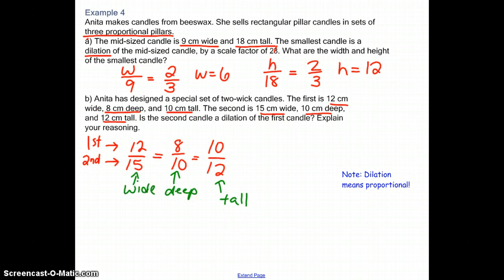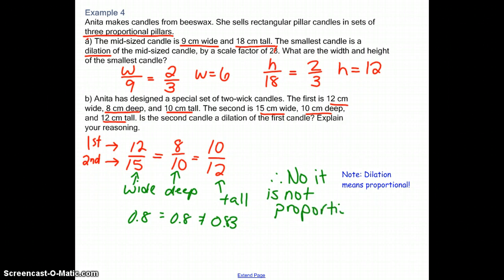So if these are equal, then it is a perfect dilation. 12 over 15 is 0.8, and 8 over 10 is also 0.8, but 10 over 12 is 0.83. So that does not equal. Therefore, no, it is not proportional. So that's how you would use a scale factor.